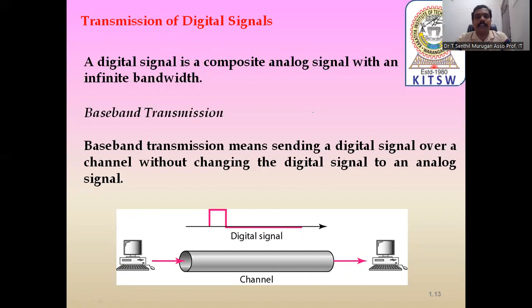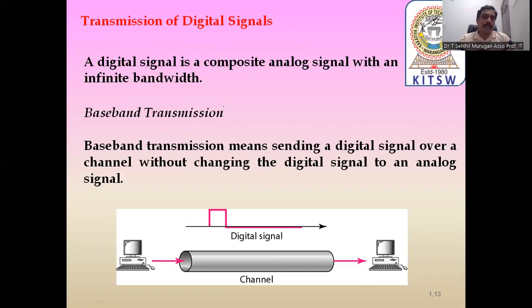Now we must discuss the transmission of digital signals. We now know how we are representing the signals, but what methods are there for transmitting the signals? There is baseband transmission and broadband transmission. Two types are there. The digital signal is a composite analog signal with an infinite bandwidth.